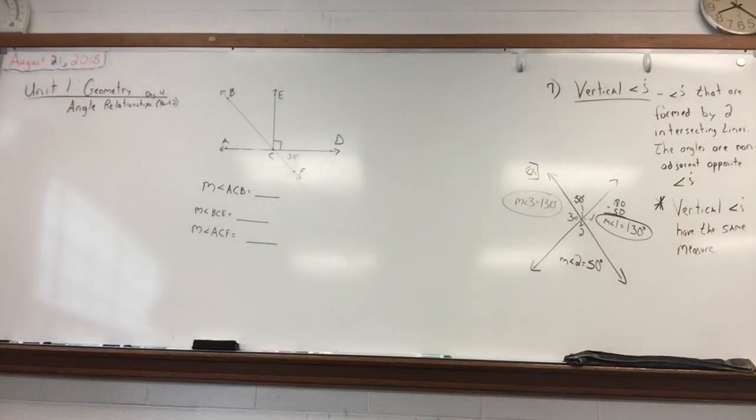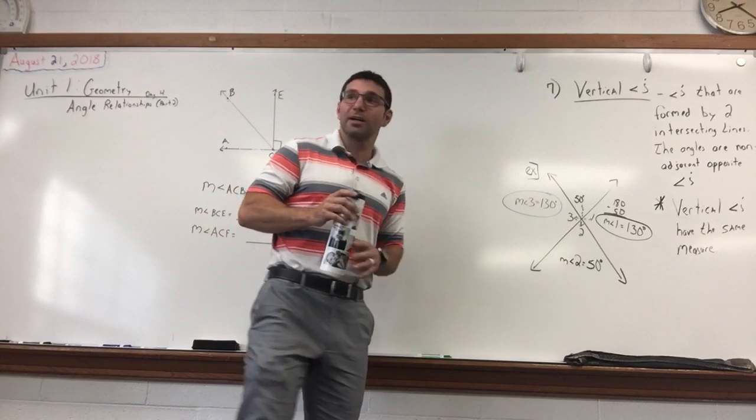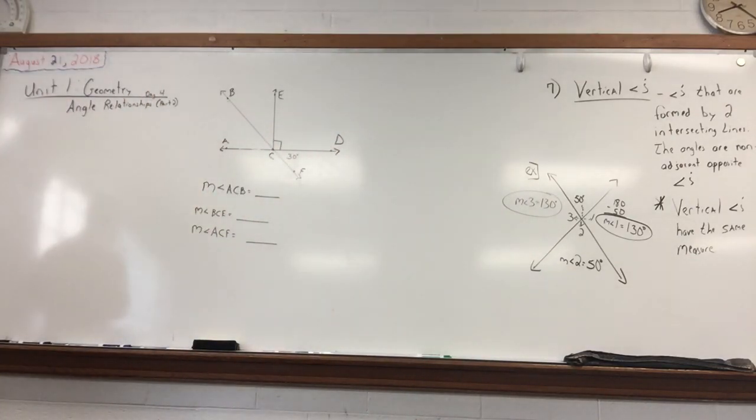If you don't know how to do it, I understand. Are we supposed to say what type of angle it is? No, it's the measure. So measures are in degrees. Just like over here, the measure of angle 3 was what? 130 degrees. So the measure of angle ACB is what degree? Got about 30 seconds.